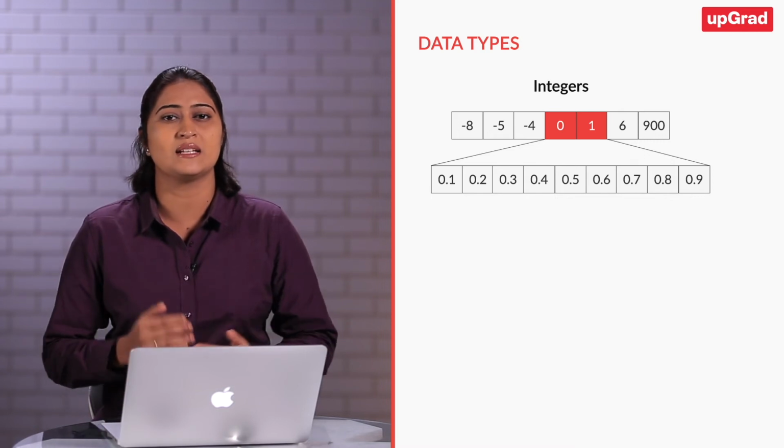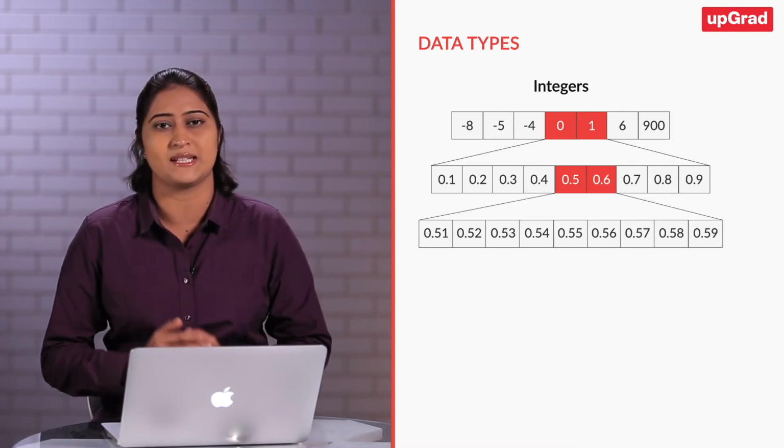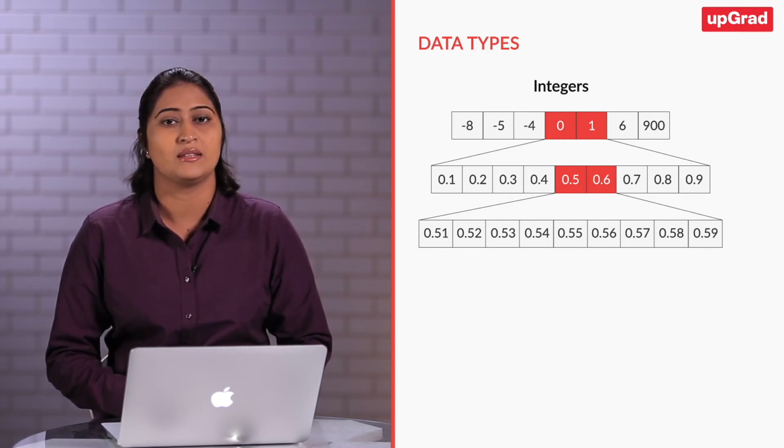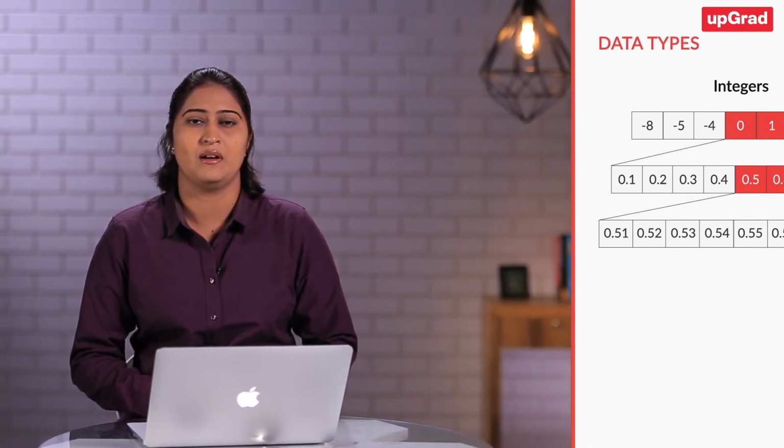Similarly, consider the numbers between 0.5 and 0.6. We can select numbers in between them too. They are floats as well. Strings are a set of characters enclosed in single or double quotes. It can contain a combination of letters, digits, symbols, and even blank spaces. We will learn more about strings in upcoming videos.